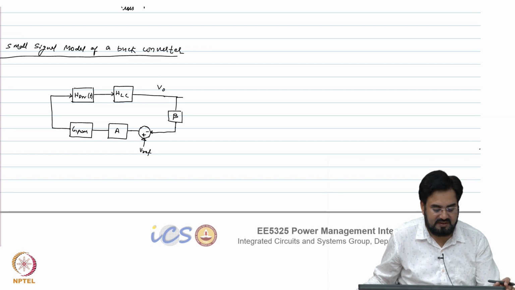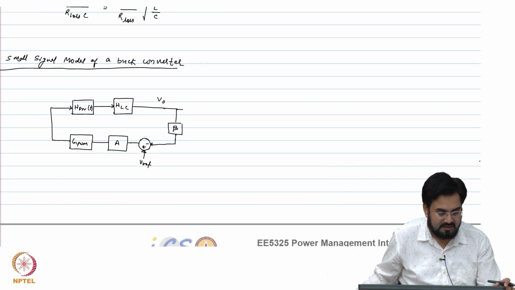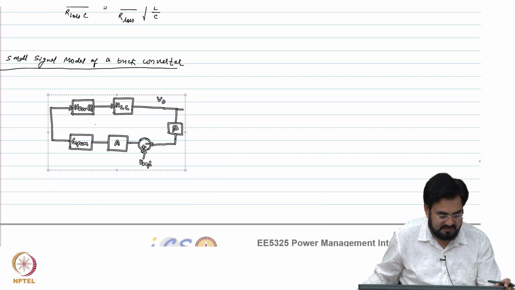For loop gain analysis, we have to break the loop and find the transfer function.